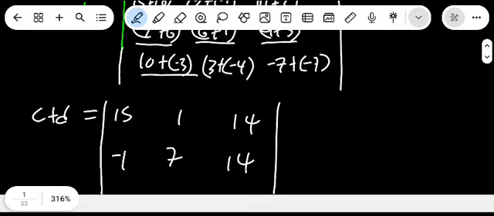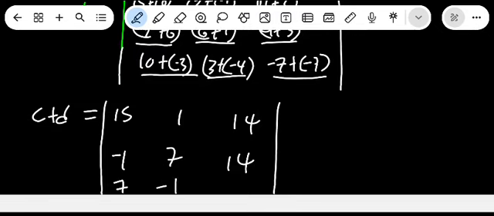Adding these, we have 7, minus 1, minus 14. So this is the matrix. That is how you add the matrices.